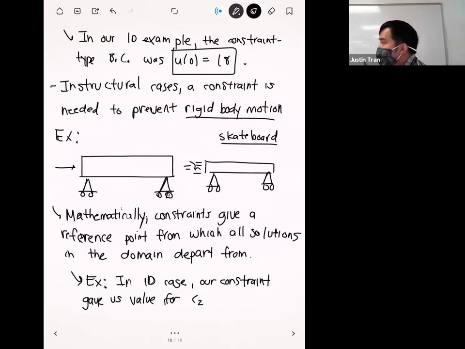And so if we change C2 to anything else, that's going to shift our solution up or down, depending on our value for C2, right? And so C2 here is kind of like our reference point from which all the rest of the solutions depart from, okay? Right, and so if you actually try to solve that first equation without your constraint type boundary conditions, you'll find very quickly that it's impossible, or I should say it's impossible to specify a value for C2 without a constraint type boundary condition. Okay.